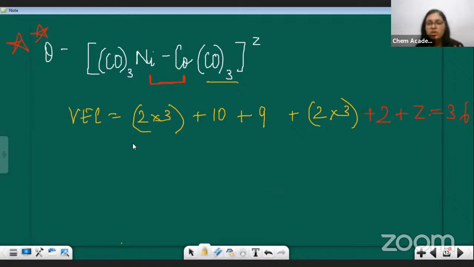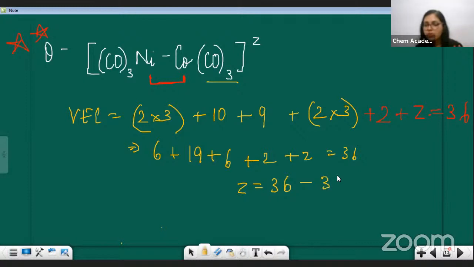Now for solving this, we get 19 plus 6 plus 2 plus Z equals 36. All right, solving this, we get Z equals 36 minus 27.